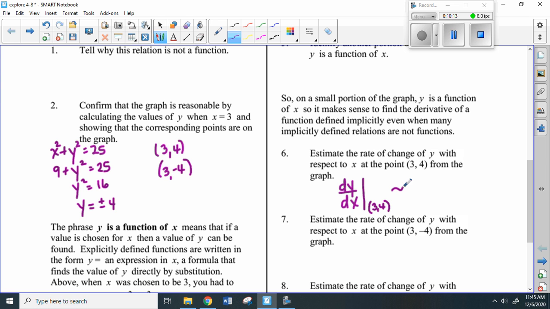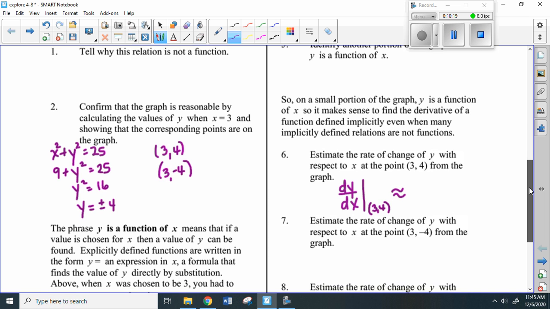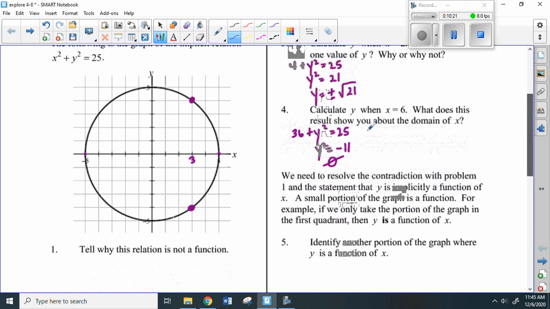All right, and we want to approximate this from the graph. So how do I approximate the derivative at a point? Well, we go to that point, 3, 4, and we try to approximate the slope of the tangent line there, right? We try to approximate the slope of the tangent line.